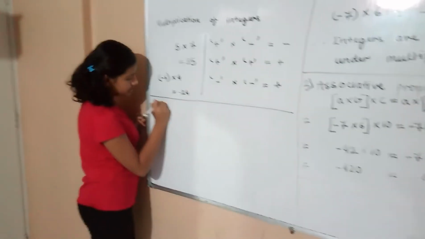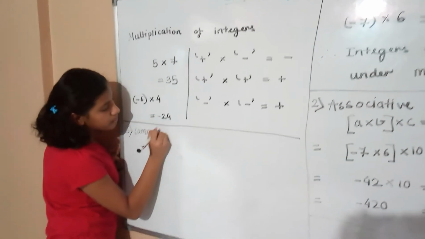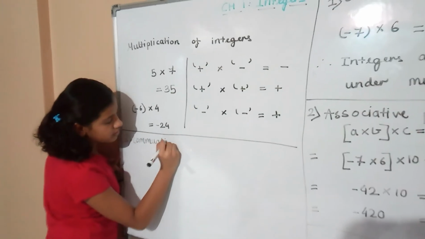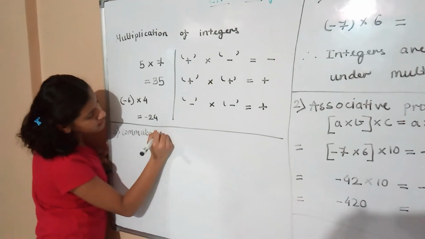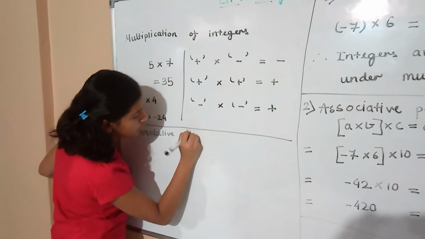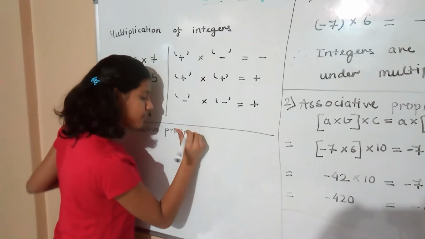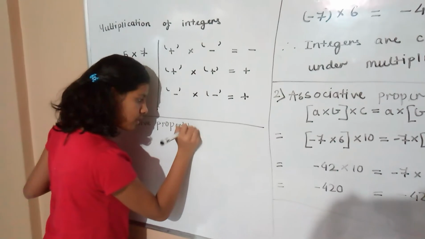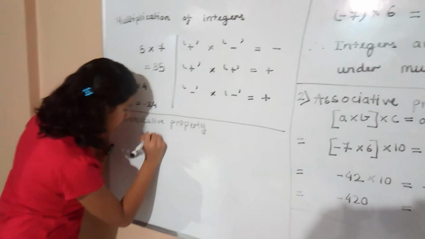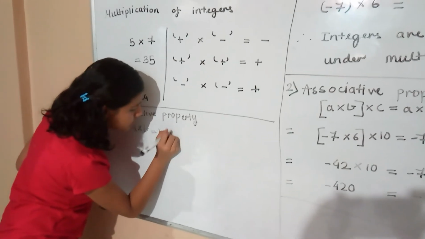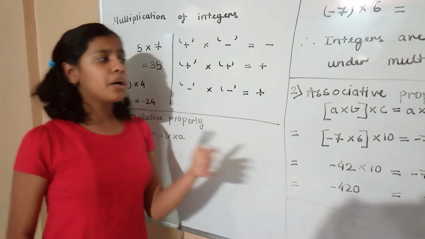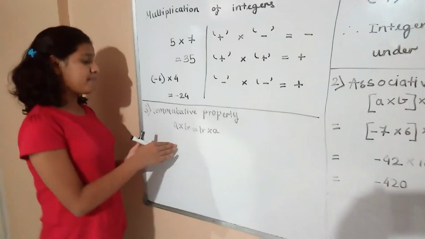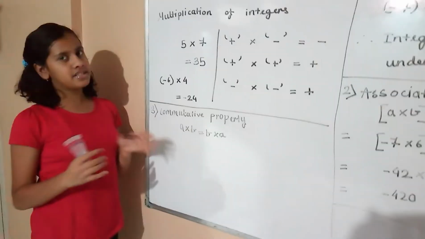Now let us move on to the third property, which is the commutative property, where we will be using A into B is equal to B into A. If multiplication is applicable in associative property, multiplication will also be applicable for commutative property, but let us just use an example.